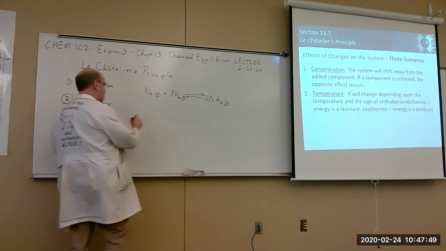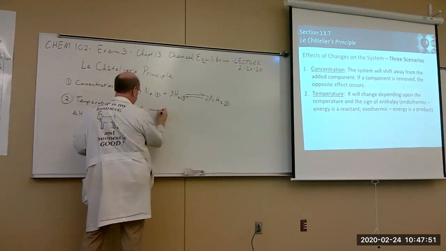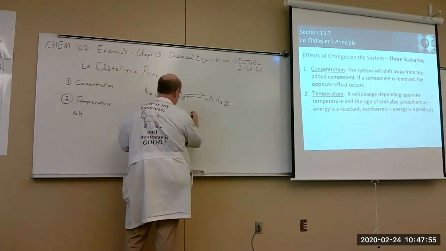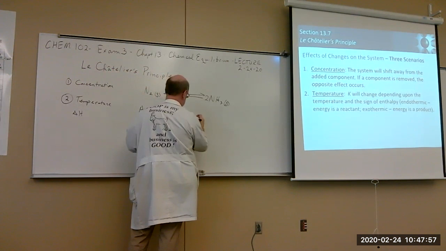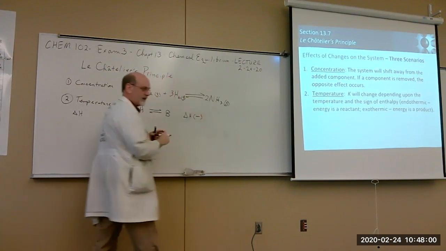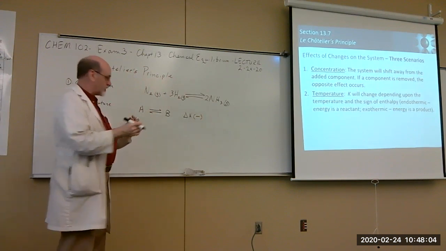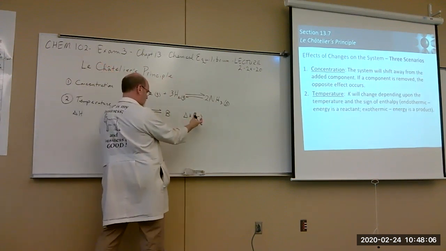So if you have a reaction going from A to B, just to keep it simple, and the delta H is a negative value, what does that mean? It's exothermic, right? So it gives up heat in the process.